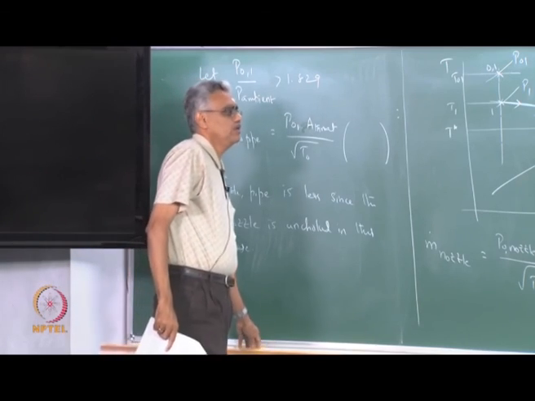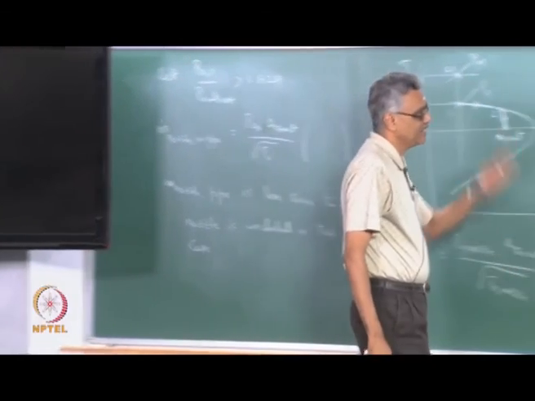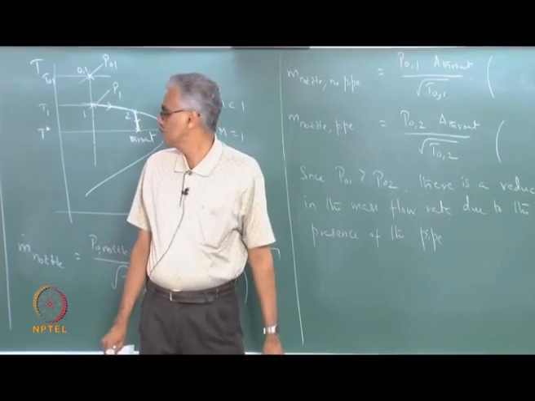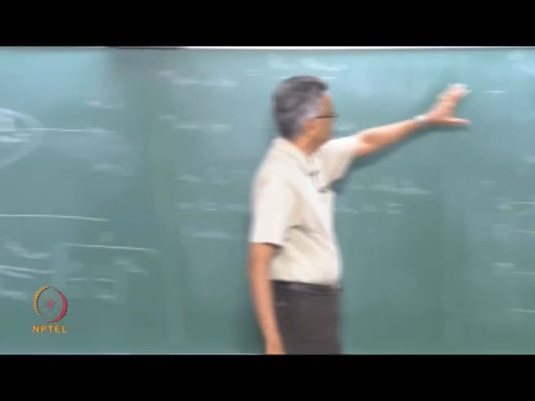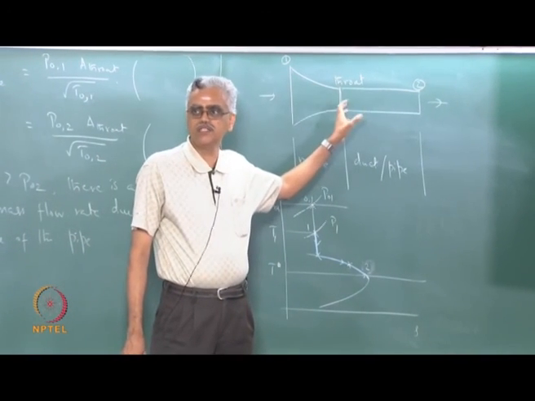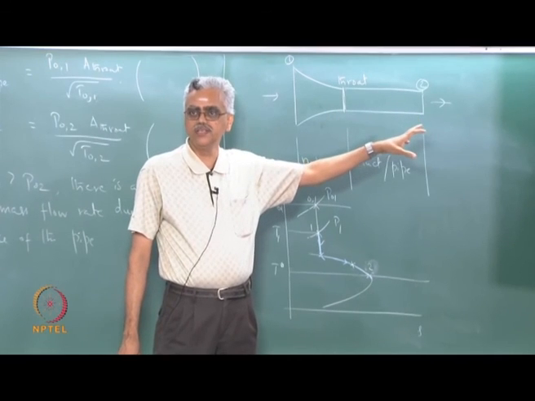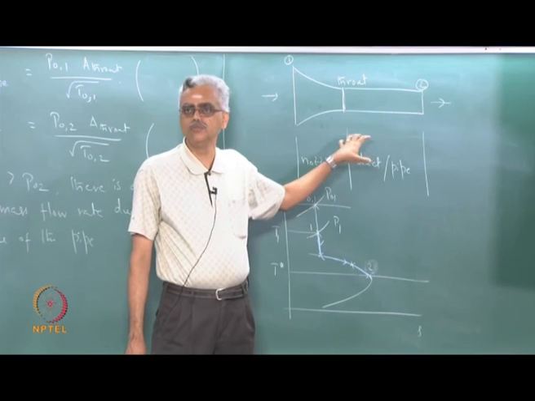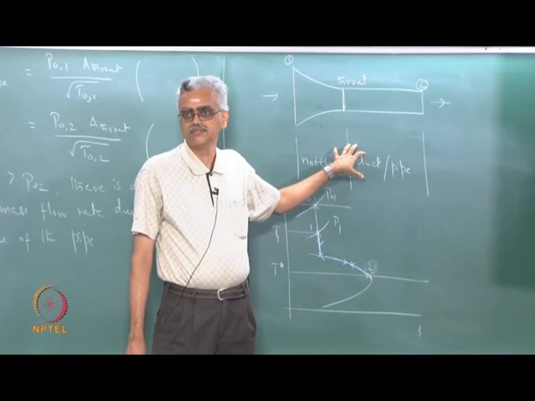So, what is important in these types of situations is the practical implication, right, both in this case and the previous case. You assume that if I have a nozzle, this supplies a certain mass flow rate, I connect a pipe, you expect the mass flow rate at the outlet to be the same as the previous case, but you realize that it is not going to be the same, right.